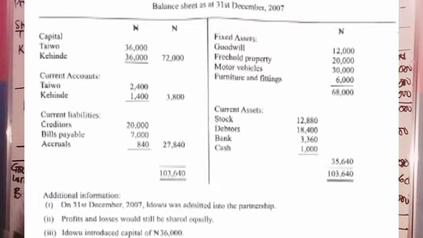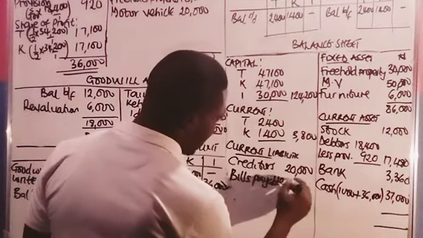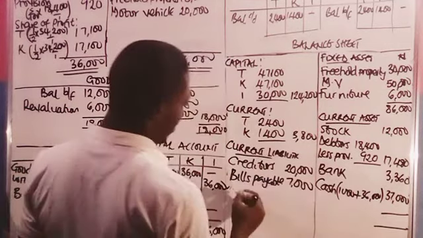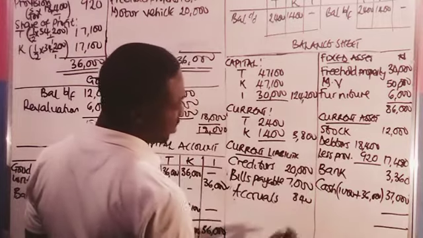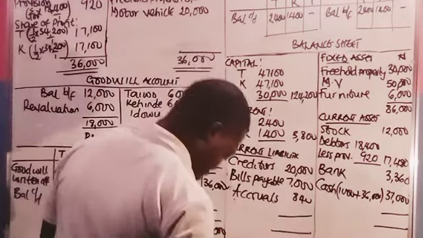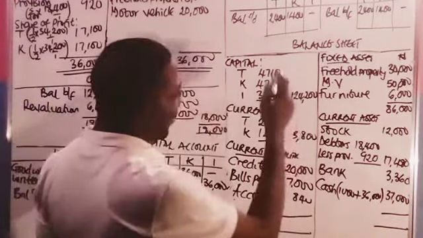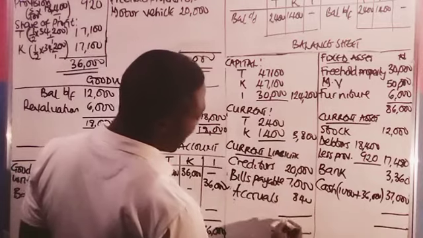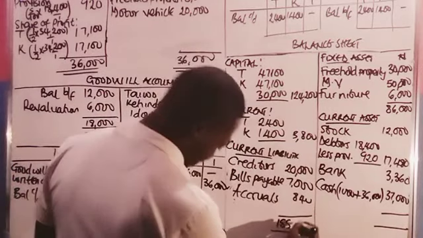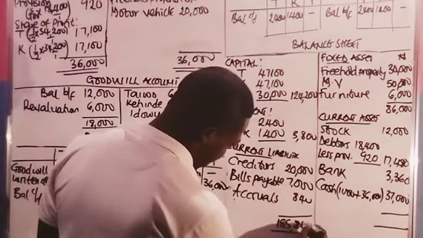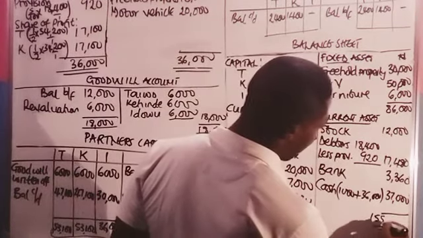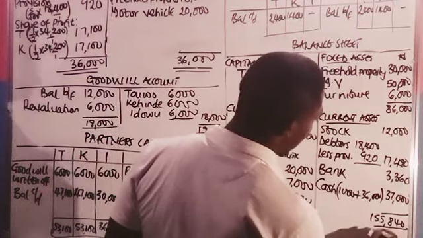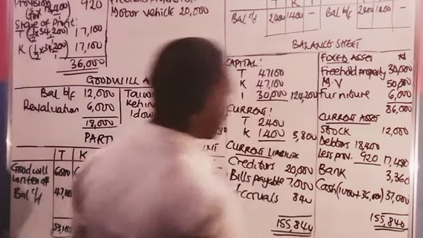The bills payable there is how much? 7,000. While the other one there is what? Accruals, which is 840. So if we add everything, the left hand side will give us 155,840, and also the right hand side will give us 155,840. So it balanced automatically.